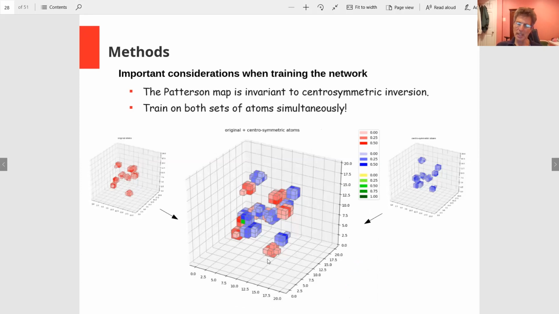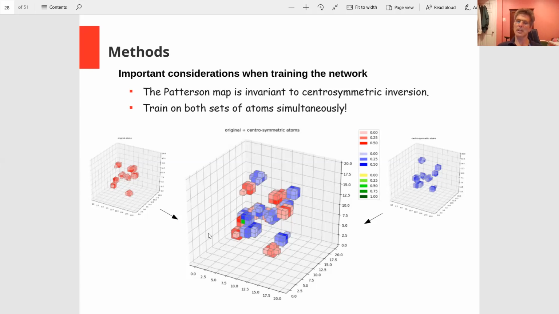And this is what you're training on. So rather than training on 10 atoms, I'm training on 20 atoms, and I'm solving for 20 atoms all at the same time. That creates a problem, because now I've solved for twice as many atoms as I want.